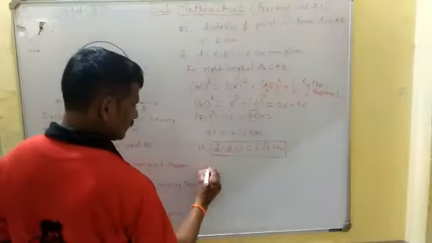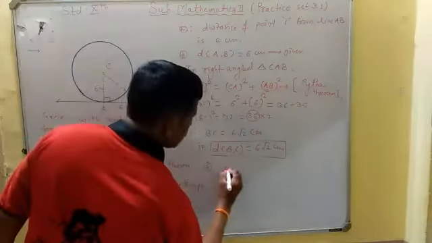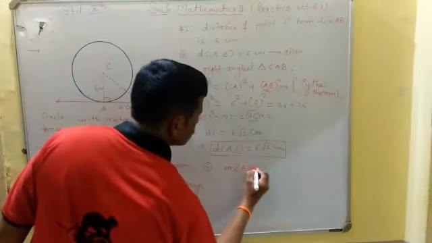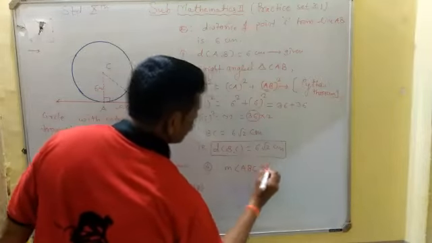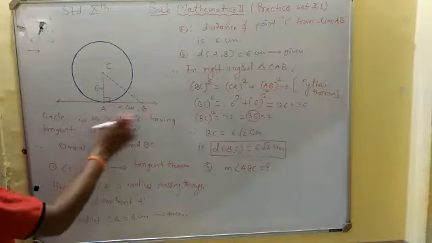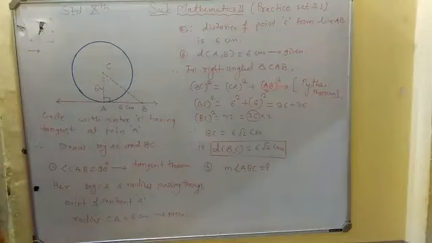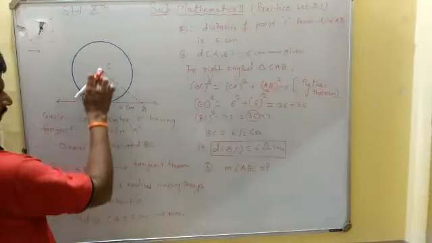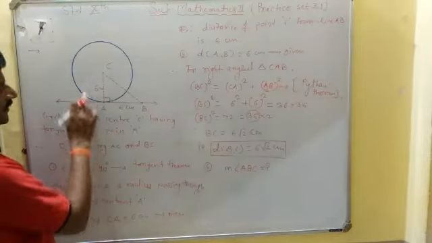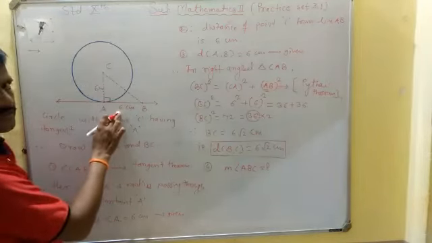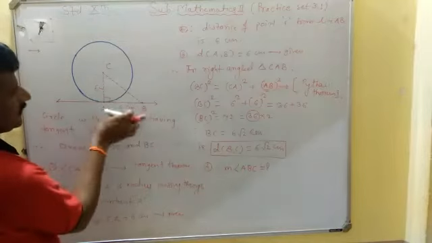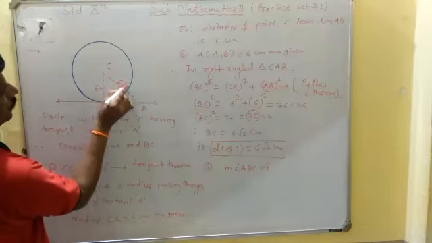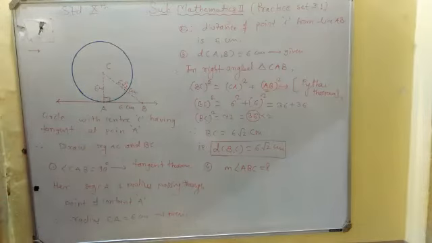Now we are going to find the fourth one. Find the measure of angle ABC. How to find the measure of angle ABC? Here the sides are given: CA, the radius, is 6 centimeter, AB is 6 centimeter, and we found the length of BC is 6 under root 2 centimeter.